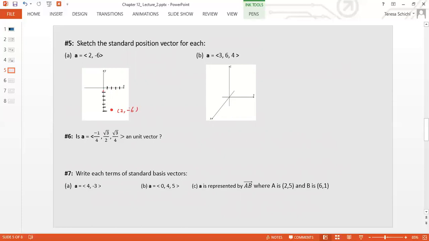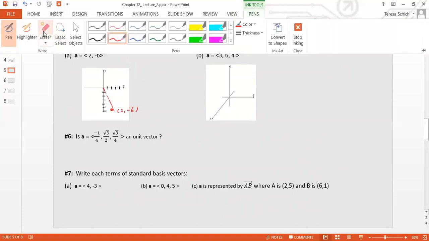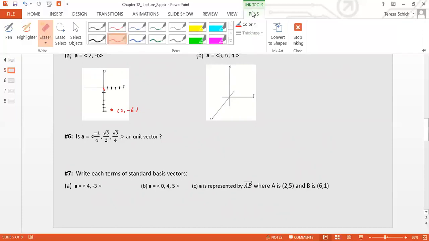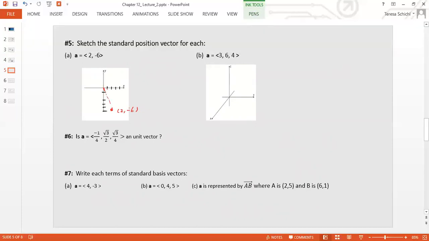And because this is the origin, I'll start from the origin. Now let me try to draw a good straight line. Okay, let's try again.